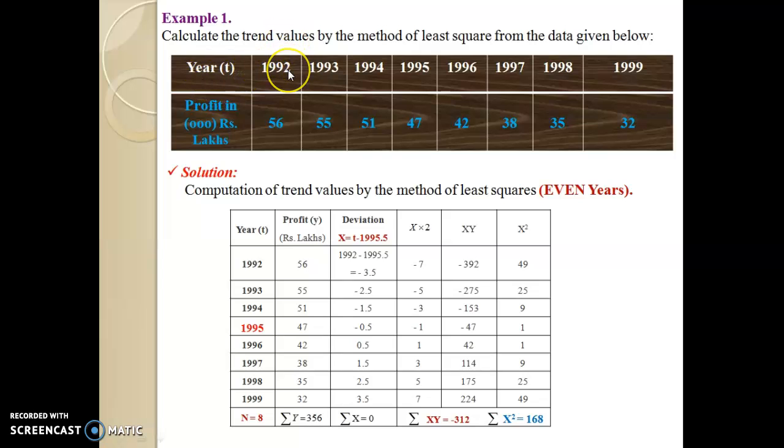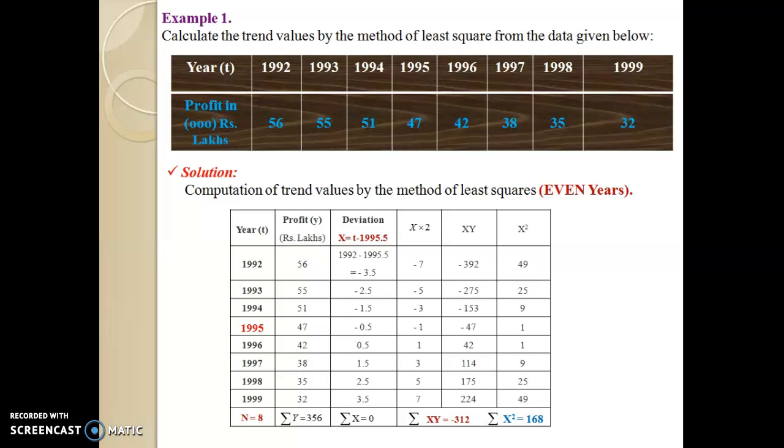The year, that is time t, in 1992, the corresponding profit is 56,000 lakh, 55,000 lakh, 51,000 lakh, 47, and so on, and for the last year 1999 the profit is 32,000 lakh.